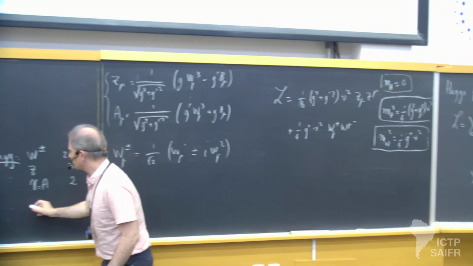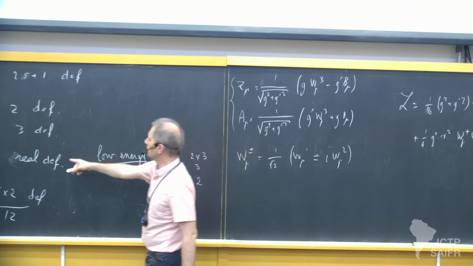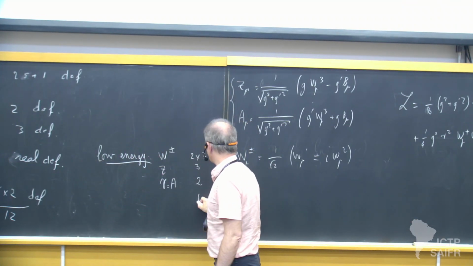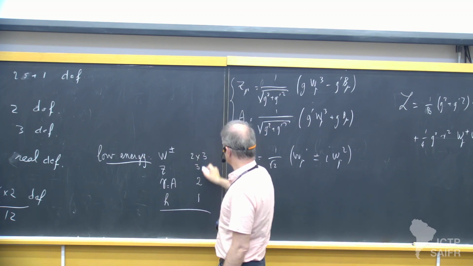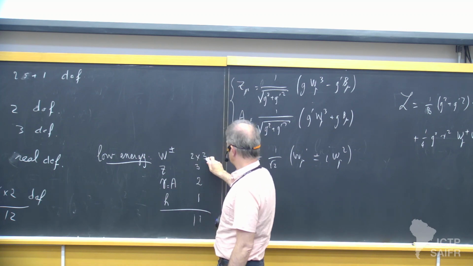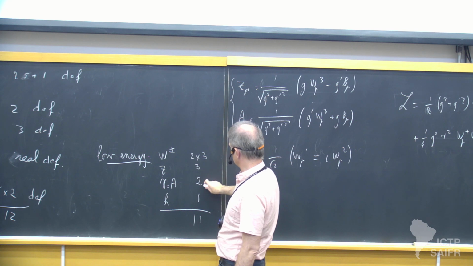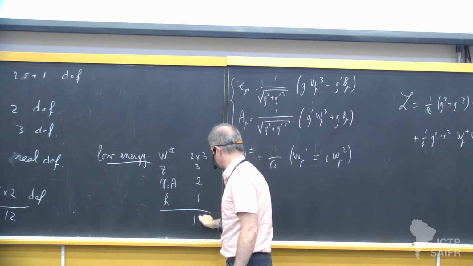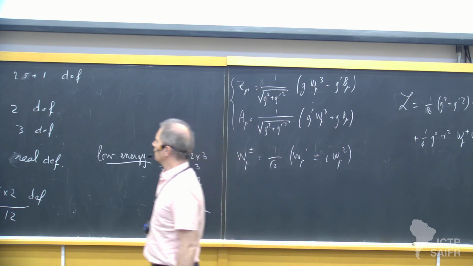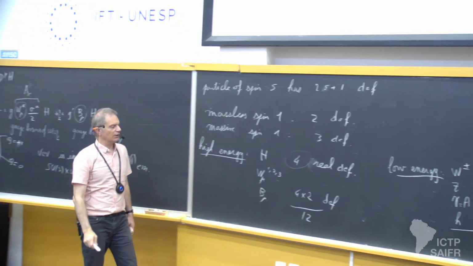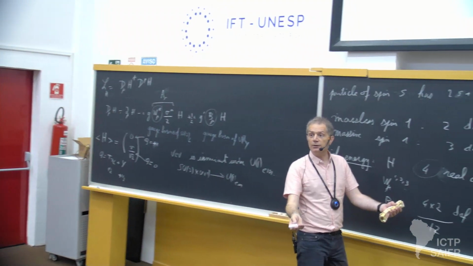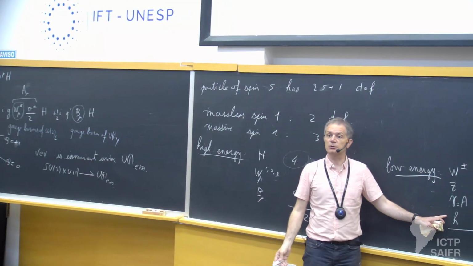So it means that what was contained in the X doublet now can only be 1 remaining degree of freedom, right? In such a way that you get 6 plus 3, 9, plus 2, 11, plus 1 is equal to 12. Right? So out of the 4 real degrees of freedom that were contained in the X field, there is only 1 at the end of the day that remained in the spectrum.